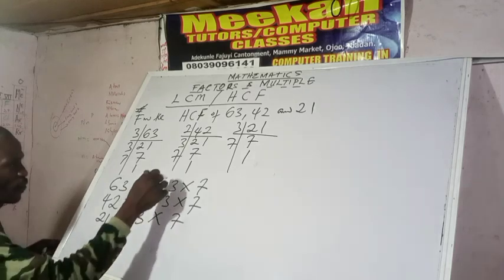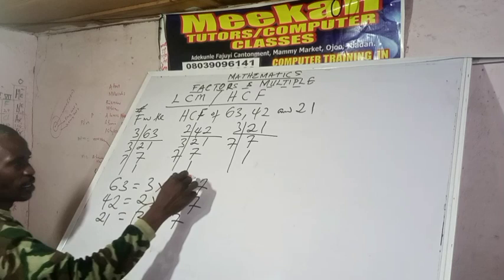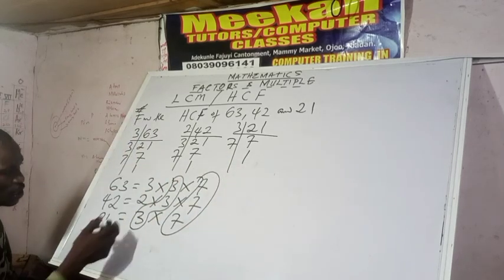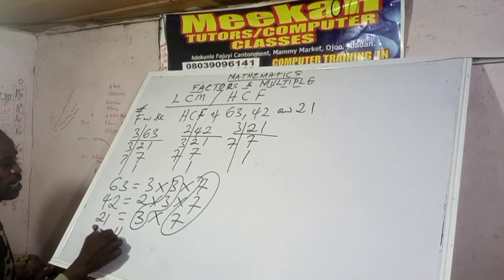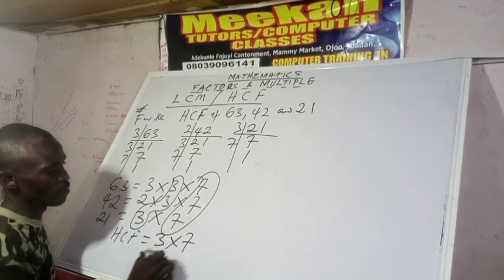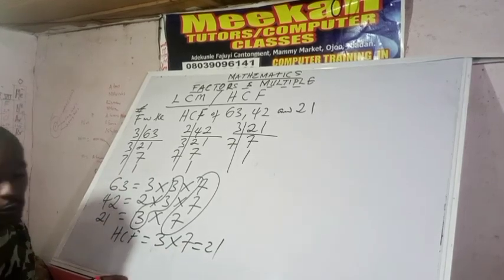Let's see the first one. 3 appears here. Okay. 7 appears here. That is to say, my HCF becomes 3 times 7. That is going to be 21.